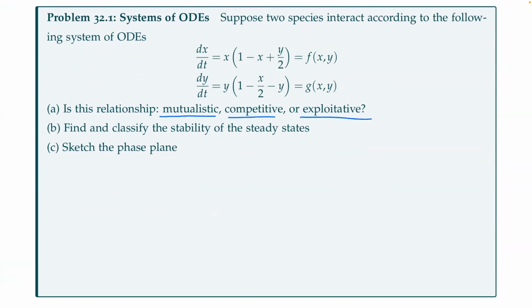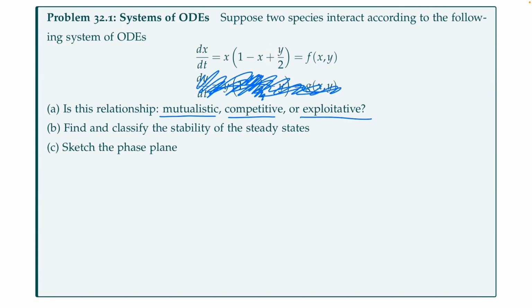Okay, so how do I know this? Well, what we can do is think about what happens if we remove the other species. So if I just think about species 1, say, I have species 1 here by itself. What happens when I introduce species 2?